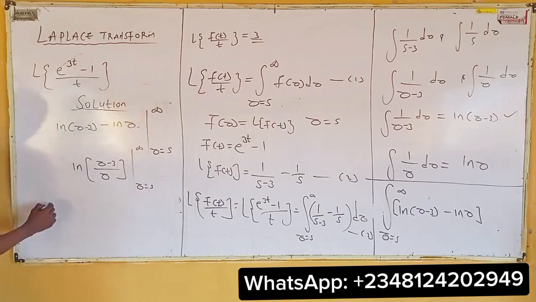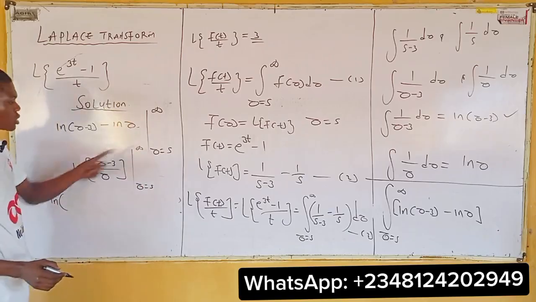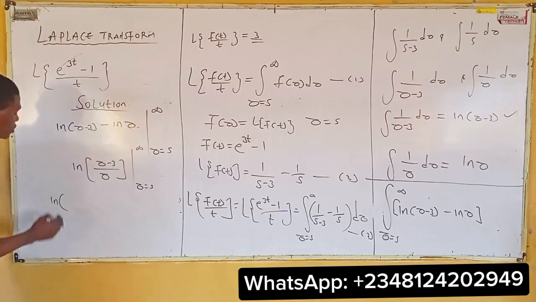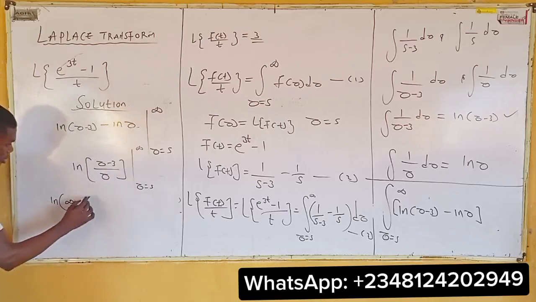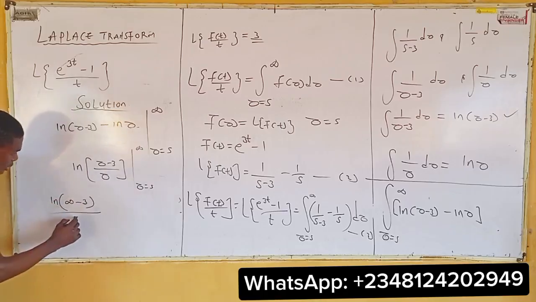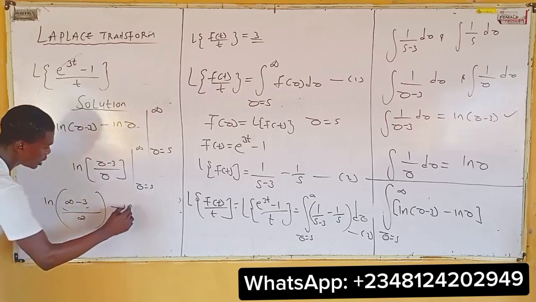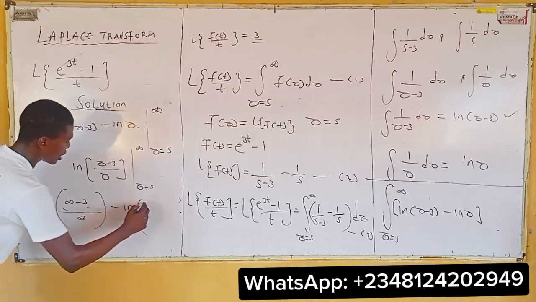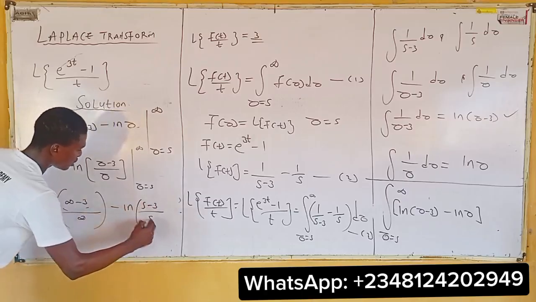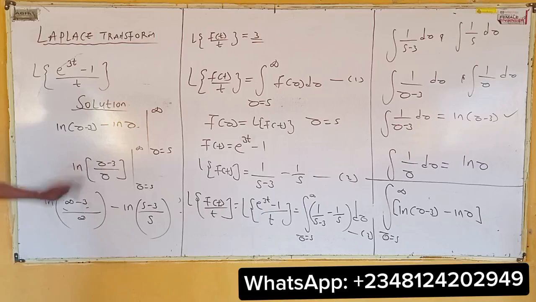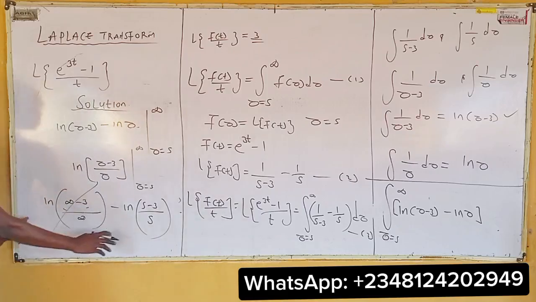And this gives ln of: anywhere you see sigma, substitute infinity. Infinity minus 3 all divided by infinity, minus ln of (x minus 3) all divided by x. And the whole of this first part gives you 0.